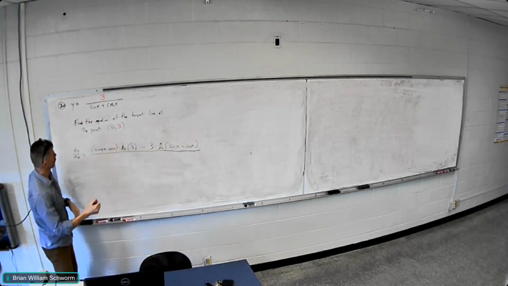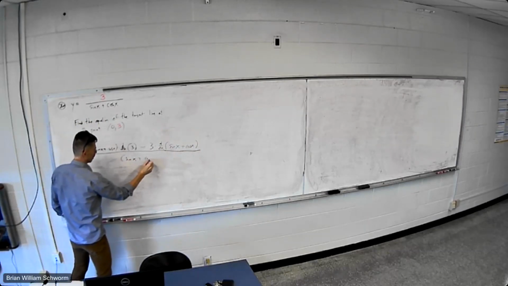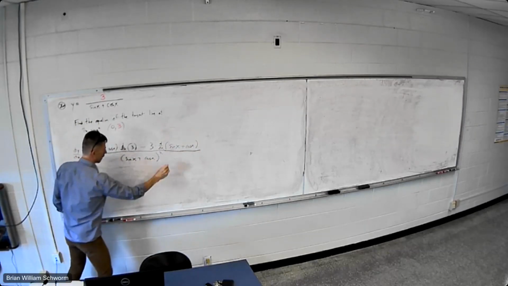And then all of that over the bottom squared. So the bottom, sine plus cosine, all squared.